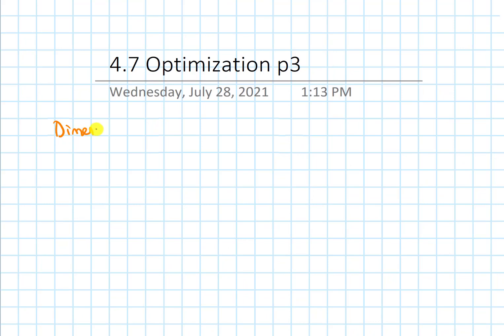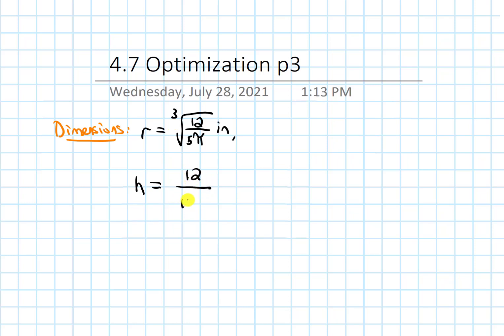So for the dimensions now, let's start to write them. We just said we know the r value. R is the cube root of 12 over 5 pi, and the units of length on this problem were inches. And to get the height, we had this equation for h. It was 12 over pi r squared.